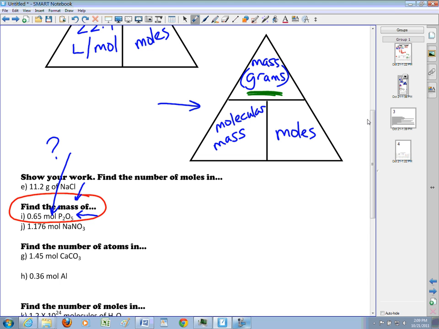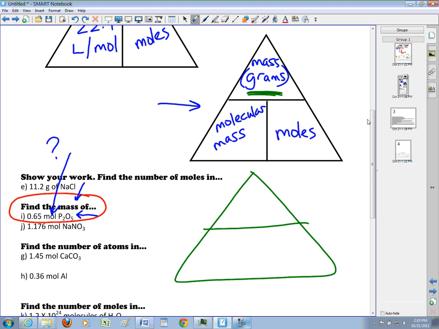So I'm actually going to answer it the same way. I'm going to draw the same triangle. Okay, it says find the mass of 0.65 moles. Okay, I know how many moles there are, so I'm going to write it in my mole spot. I don't know what the mass is. I don't know how many grams that is. And I haven't calculated yet the molecular mass. That's sort of the missing part here.